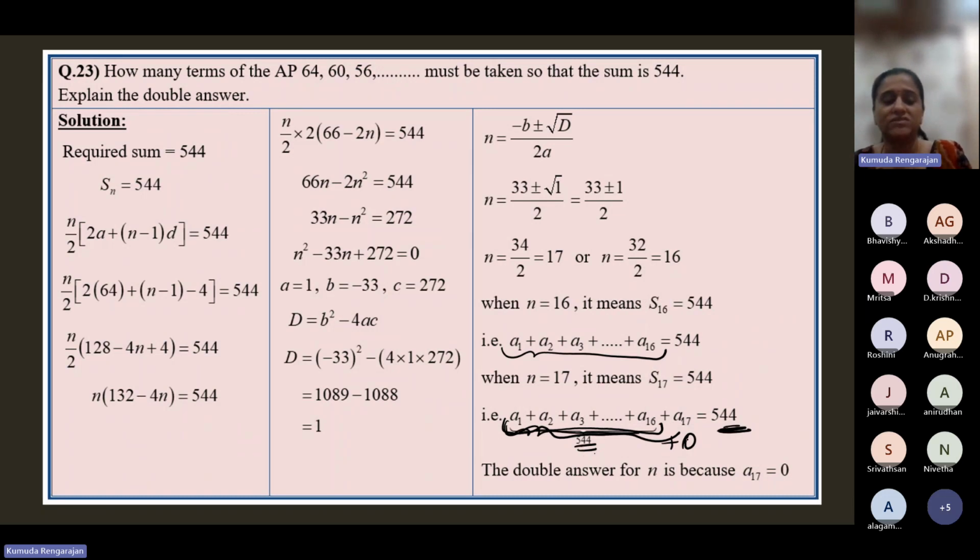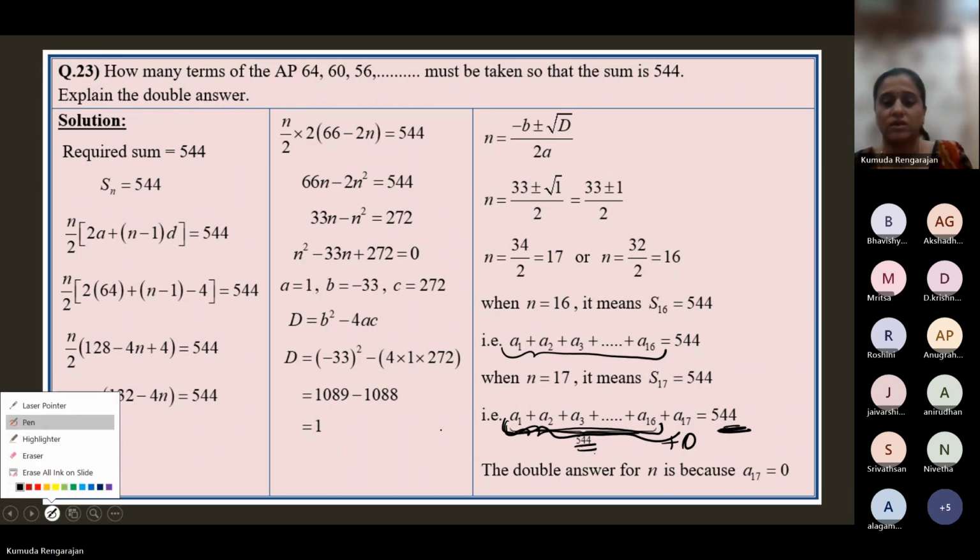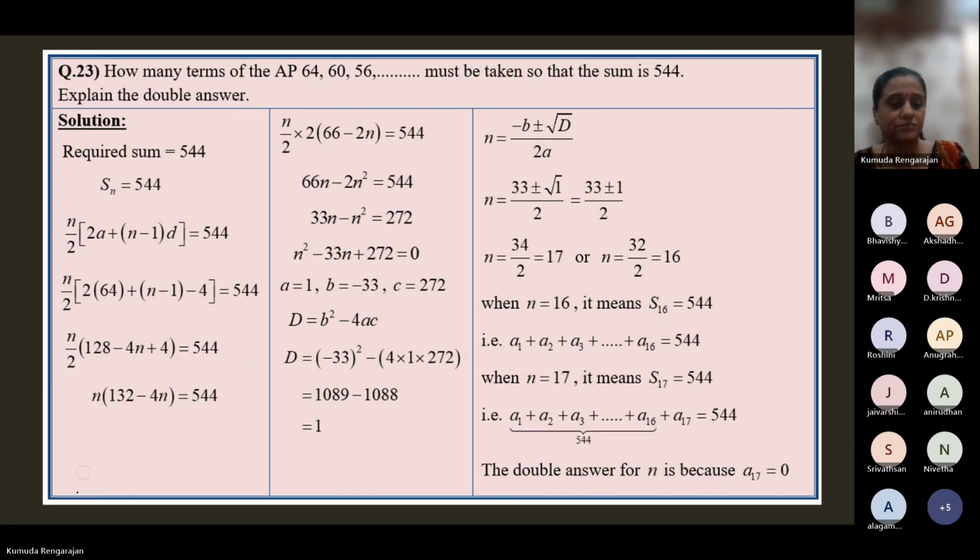So the 17th term has to be 0. 544 plus what is 544? 544 plus 0 is 544. So the 17th term is 0.